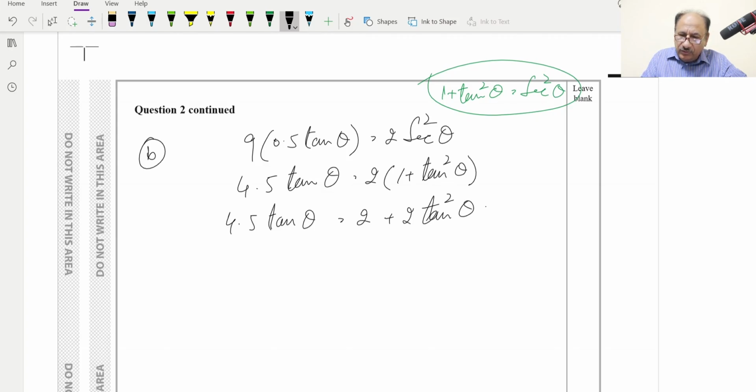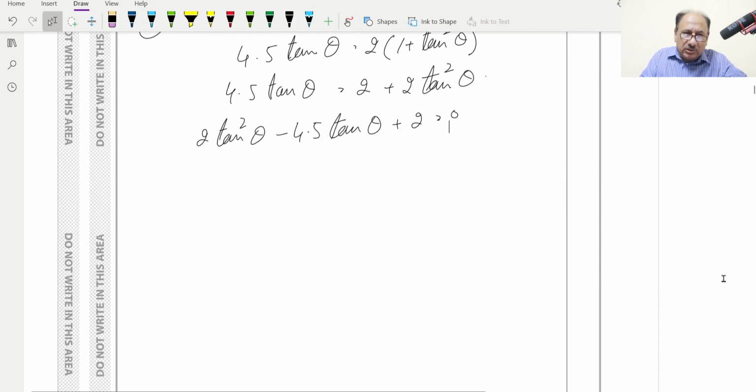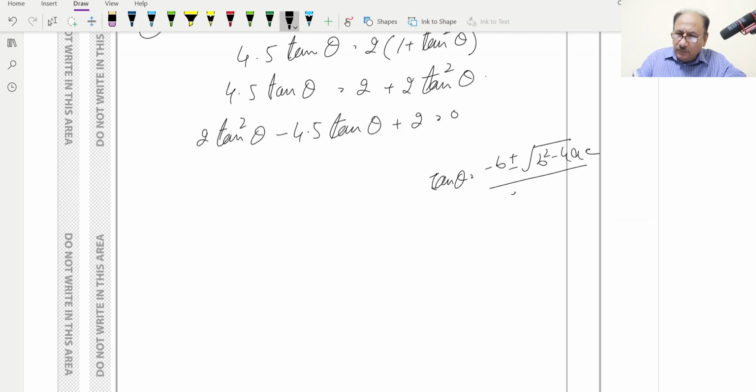So further, now we can form the quadratic equation in terms of tan theta. So we can write 2 tan square theta minus 4.5 tan theta plus 2 is equal to 0. Now this is a quadratic equation in terms of tan theta, so we can apply the quadratic formula: tan theta will be equal to minus b plus or minus square root of b square minus 4ac over 2a.